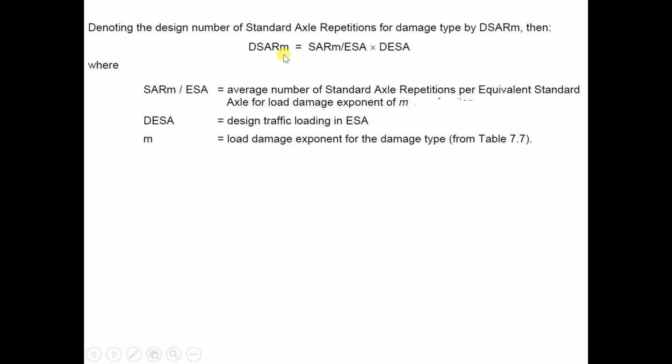That means for the bound layers there will be 3 types: DSAR5 for the asphalt, DSAR7 for the subgrade, and DSAR12 for the cemented material. So you got 3 values. So that's the design traffic, and then we'll compare this design traffic with the allowable traffic. Okay, I think we have talked enough about the design traffic, so I will stop here now.